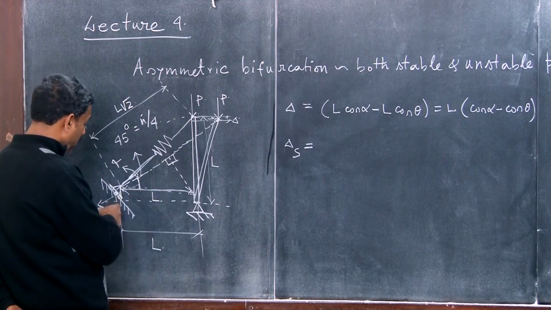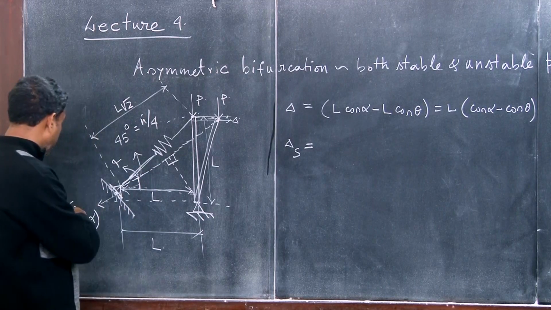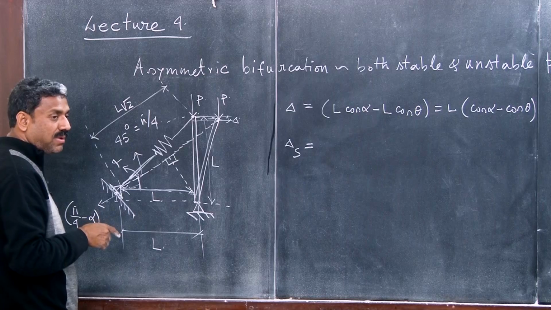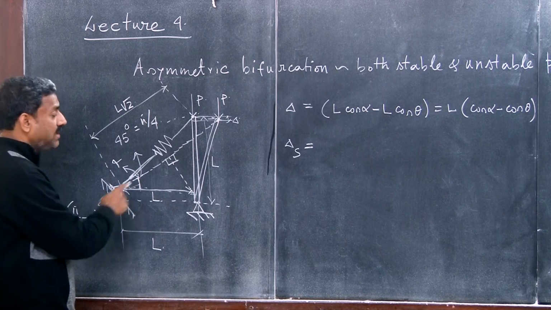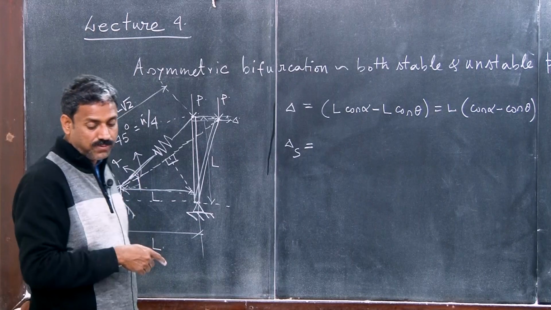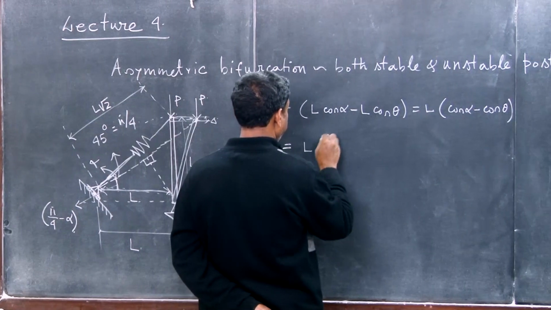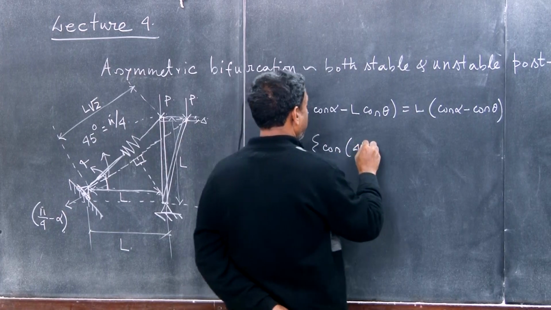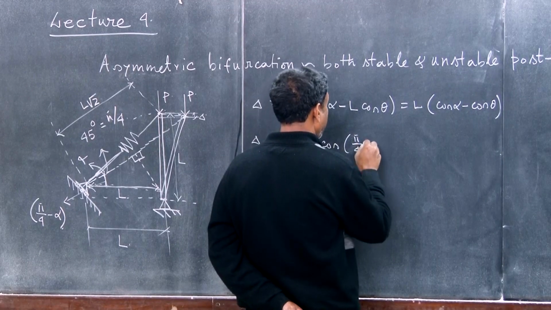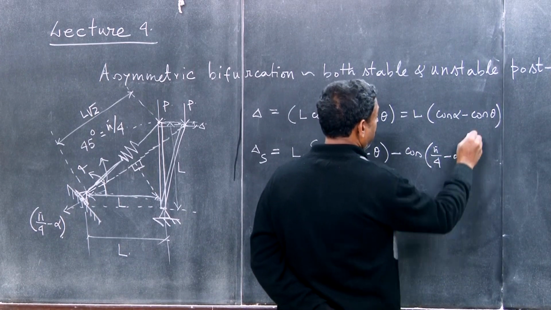So, this one is 2L cosine of pi by 4 minus alpha, and this is for alpha, and then when it is theta, the same 2L cosine of pi by 4 minus theta. Okay. So, ultimately the elongation in the spring will be L cosine of 45 degree, 45 means pi by 4, pi by 4 minus theta minus cosine of pi by 4 minus alpha. Okay.